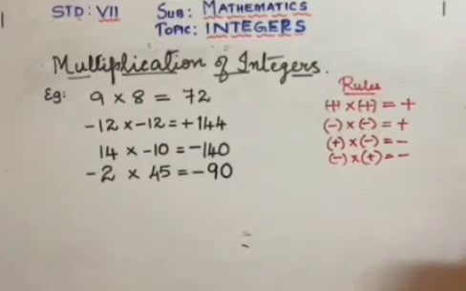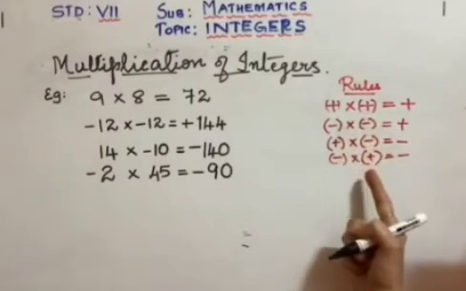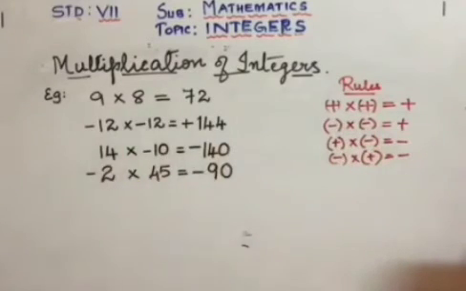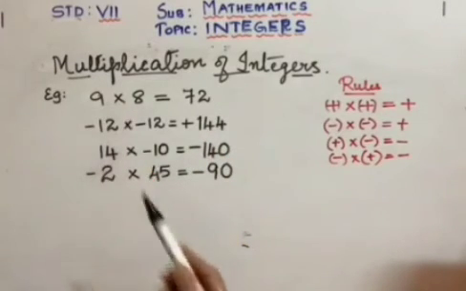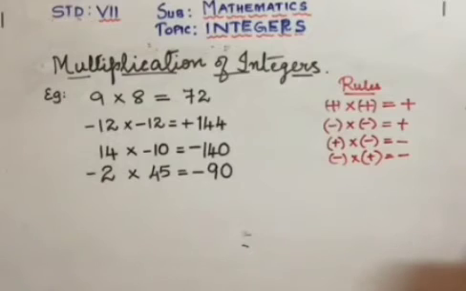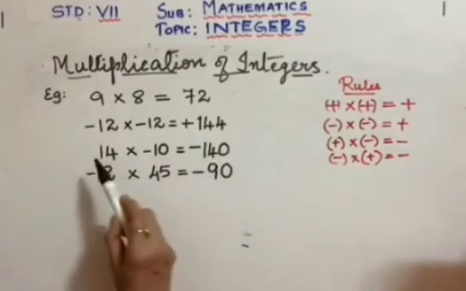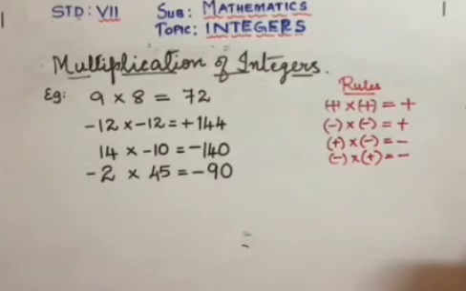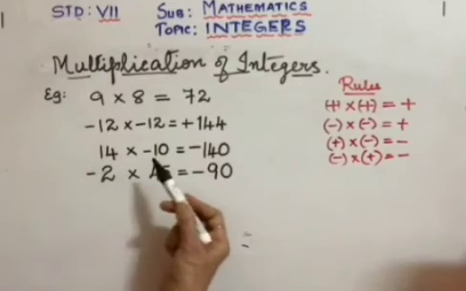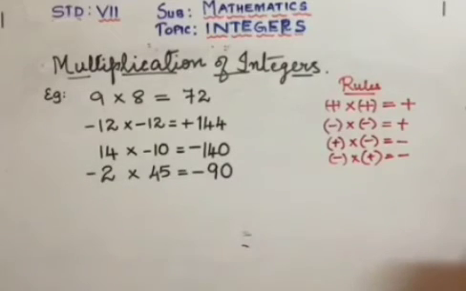Children, did you all understand? I've applied the same rules, and this is the operation and these are the products. You have seen the first case, the product of two positive integers. Then we have the product of two negative integers. Then we have the product of integers with unlike signs. You remember what unlike signs are? Yes. They have different signs. That is, one is positive, the other one is negative.